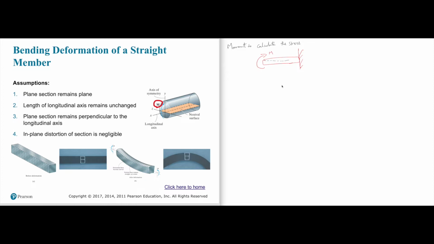It would bend up. Maybe let me redraw it again. That's what happens when we apply moment M.